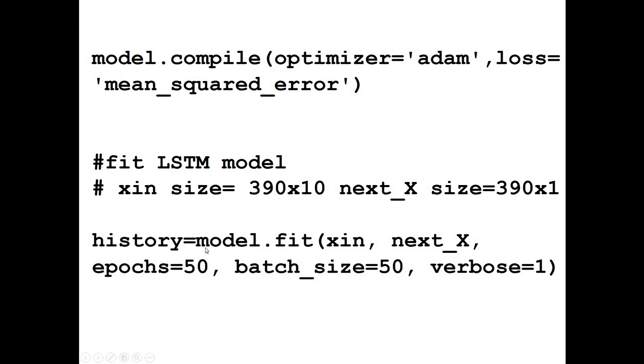And history is equal to model.fit with arguments X_in and next X. This is sampled data formulated in a group of windows, which you must have seen in my earlier videos. Epochs is equal to 50, batch size is 50, and verbose is equal to 1. And now the training starts.